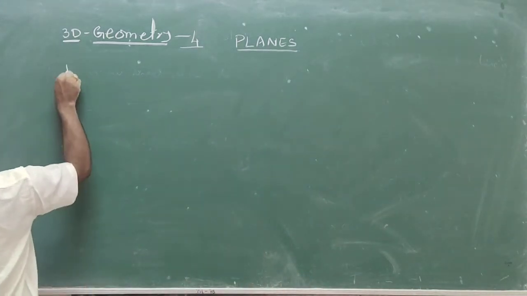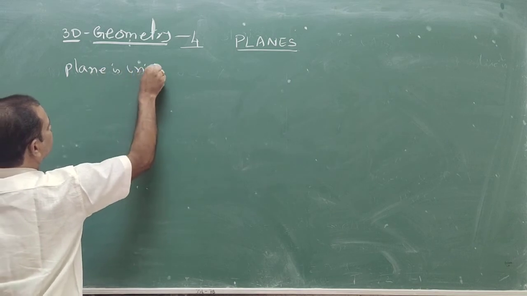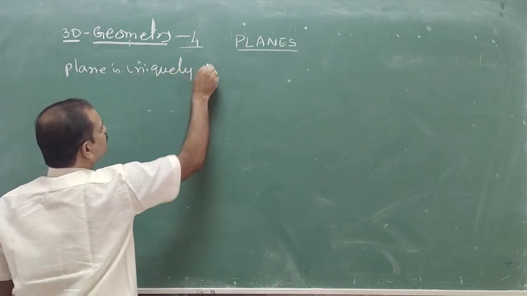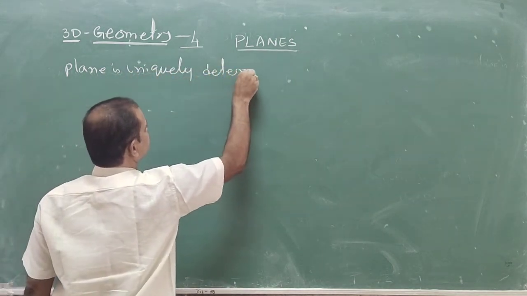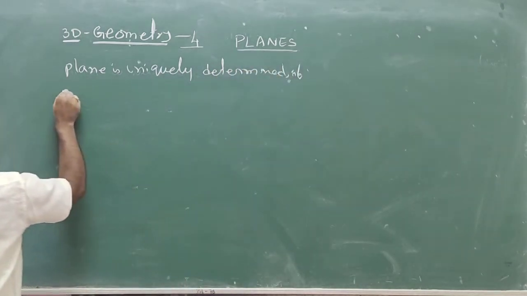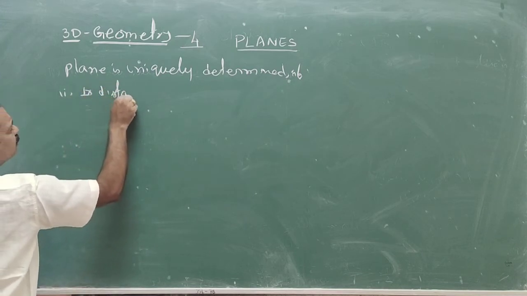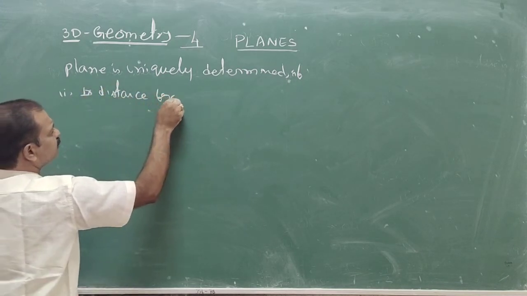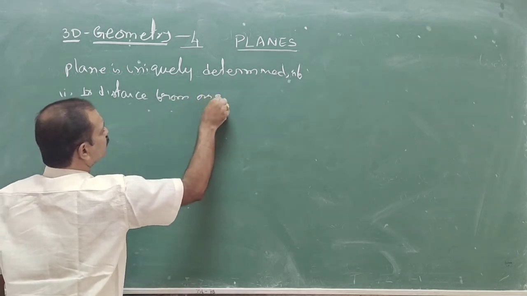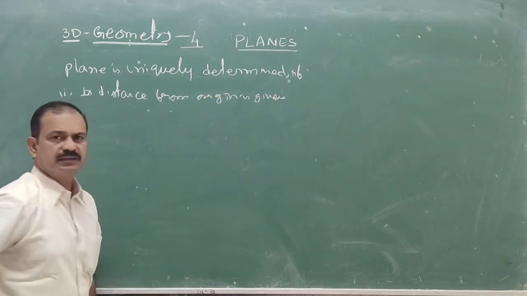So a plane is uniquely determined if, first, the perpendicular distance from the origin is given.